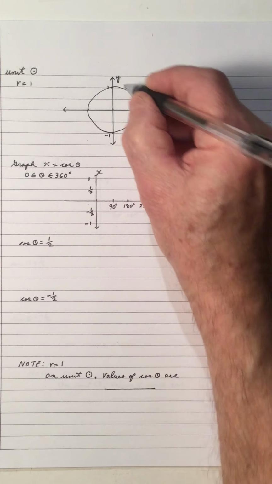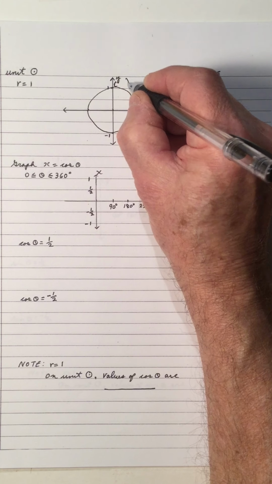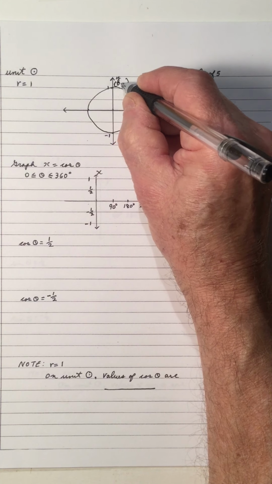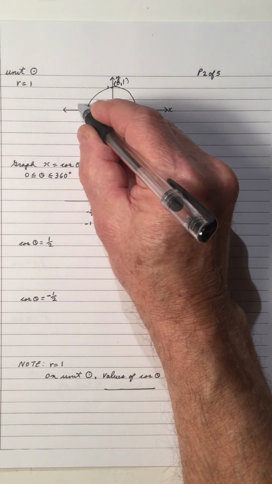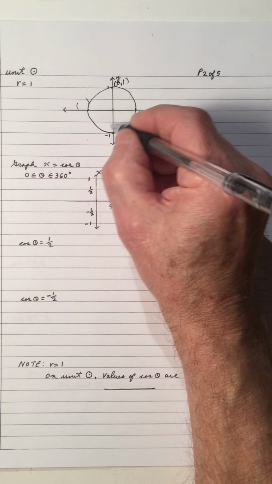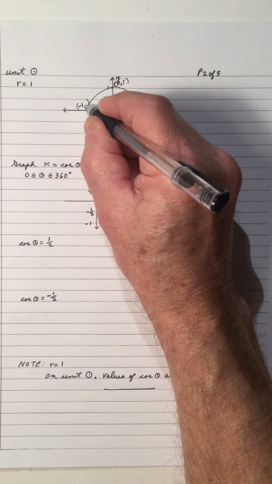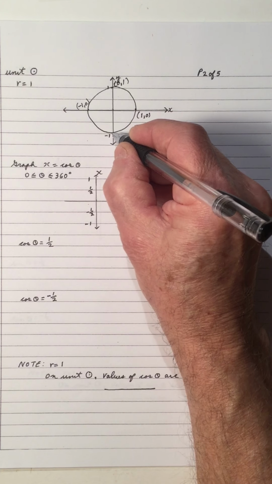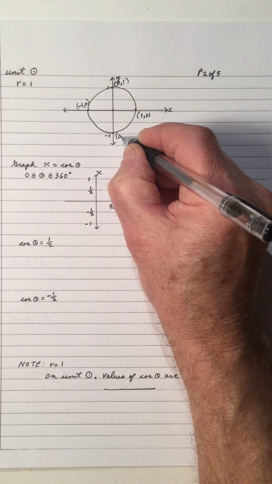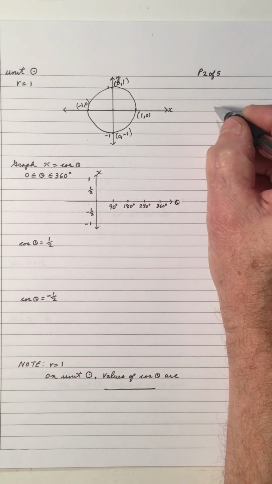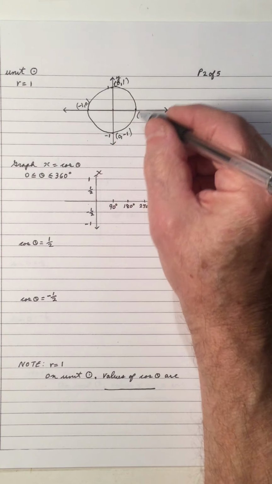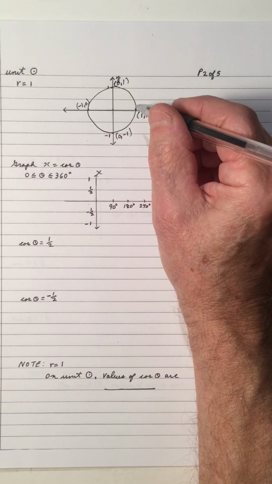X is 1, y is 0. This point right here, x is 0, y is 1. This point right here, x is negative 1, y is 0. And this point down here, x is 0, y is negative 1. So this is the unit circle whose radius is 1.